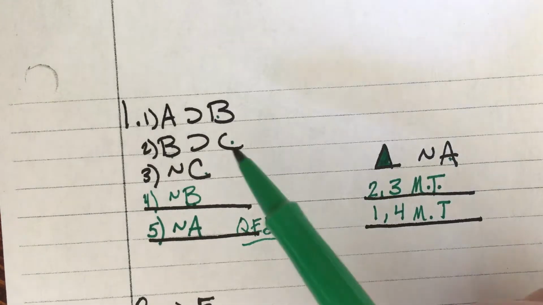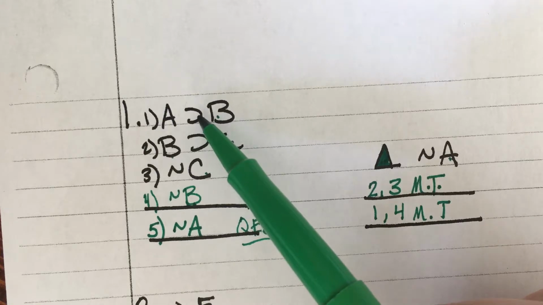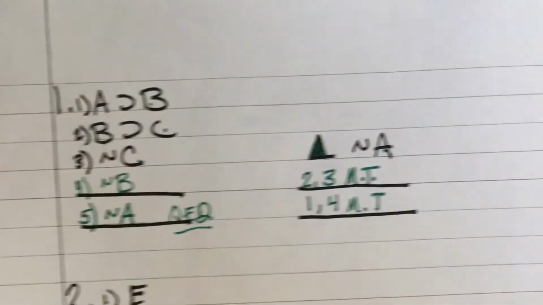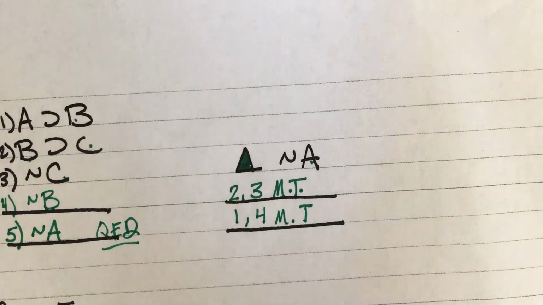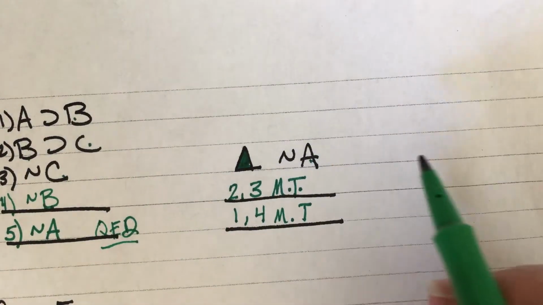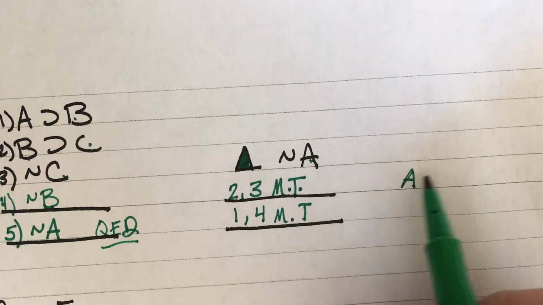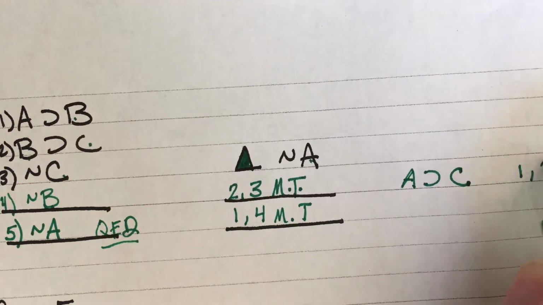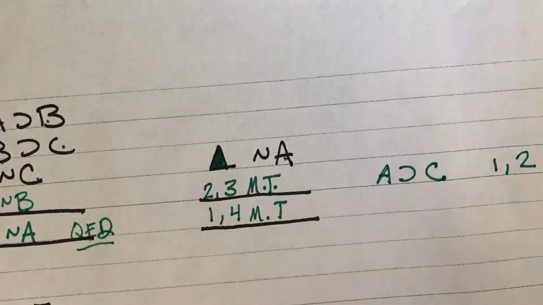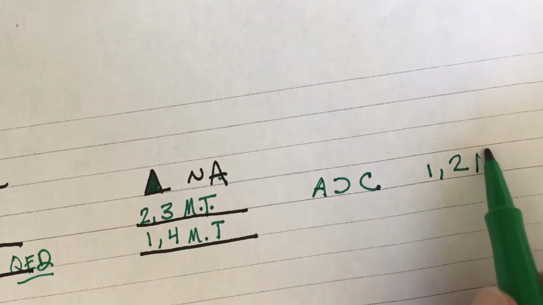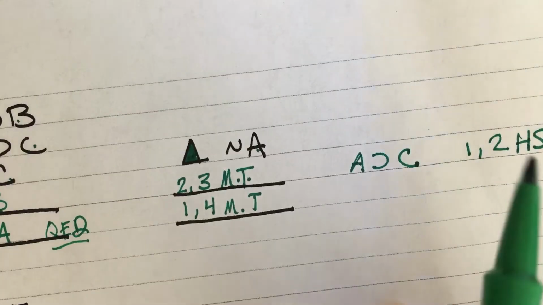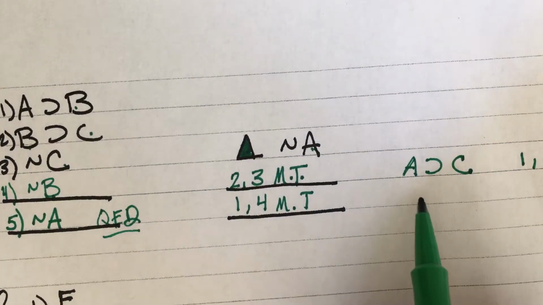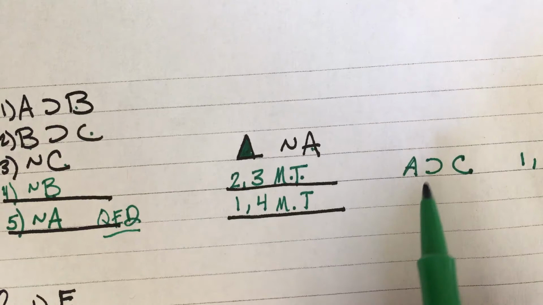Also, what would have worked was instead of the first one proving not B, I'm gonna come over here a little bit, you could have done a hypothetical syllogism to get if A, therefore C, and that would be 1, 2, y'all see that? Hypothetical syllogism. And then we have not C, so now we would say the same thing really.